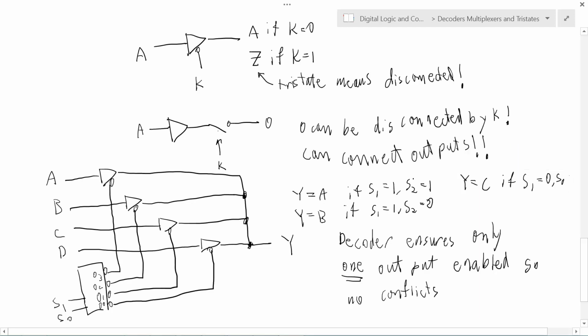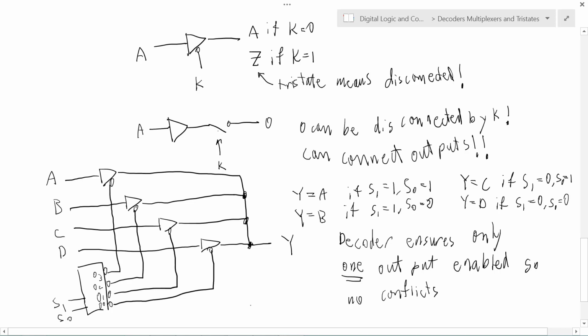These should be S0s rather. Y equals C if S1 equals 0 and S0 equals 1, and Y equals D if S1 equals 0 and S0 equals 0.